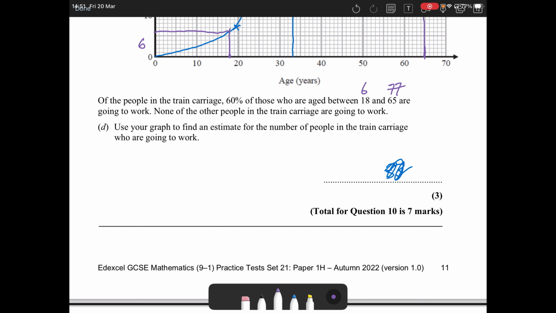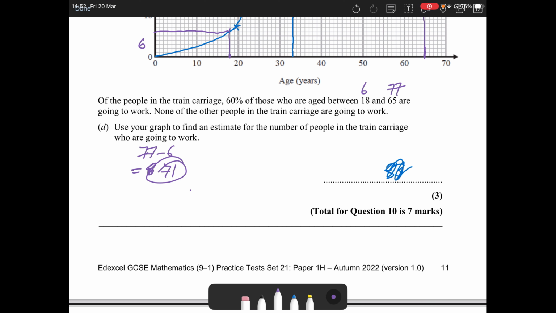So how many people are aged between 65 and 18? Well, just take the numbers away. So I'm getting 71, beg your pardon. So basically this question is saying 60% of this many people are going to work.